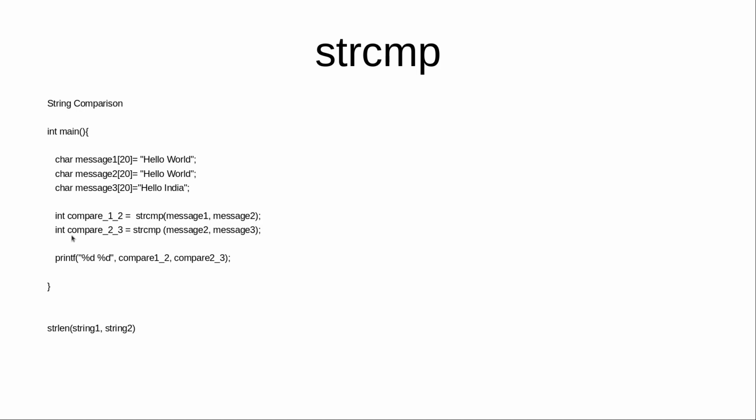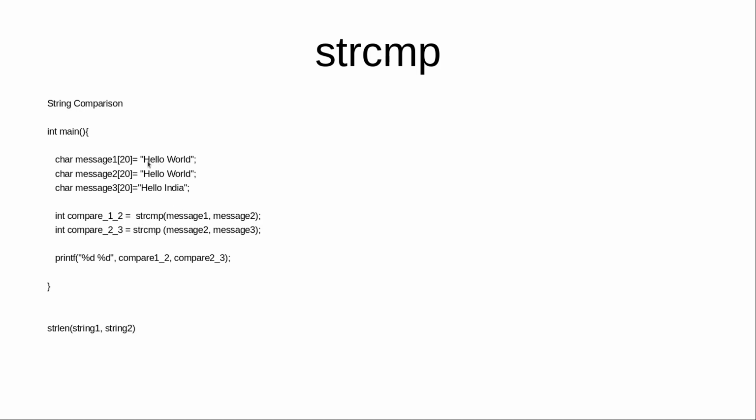The value returned from strcmp is stored in variables compare1,2 and compare2,3. In the first statement we are comparing the strings message1 and message2, that's why we have written compare1,2. So int compare1,2 is equal to strcmp message1 comma message2.